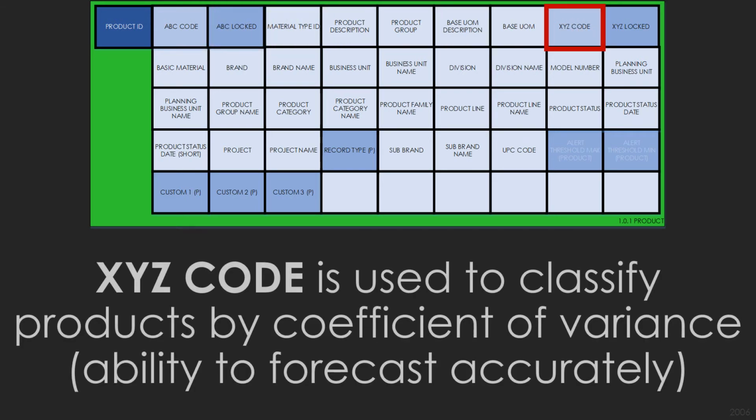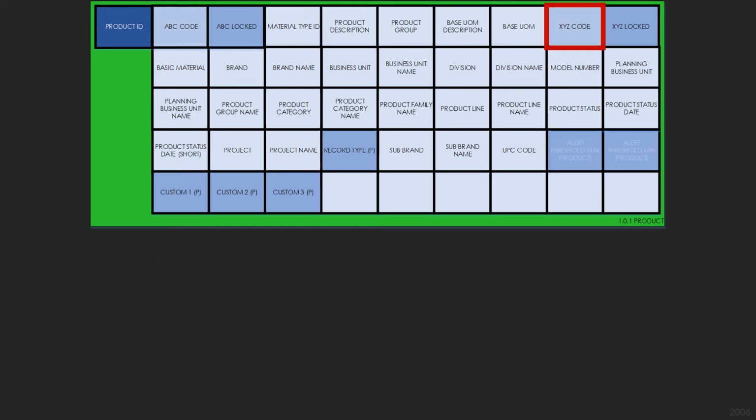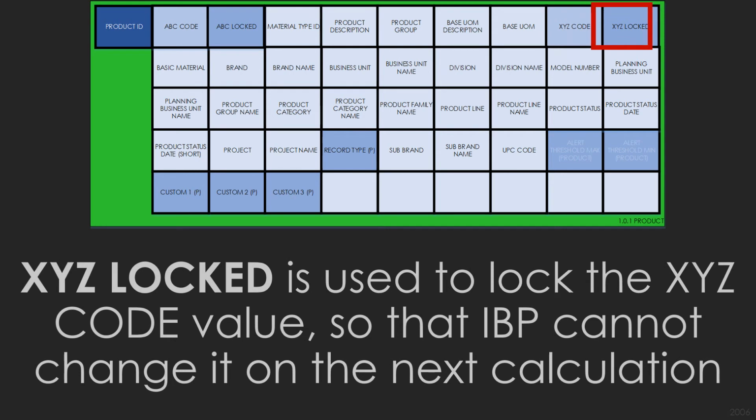XYZ code is used to classify products by coefficient of variance, ability to forecast accurately. XYZ locked is used to lock the XYZ code value so that IBP cannot change it on the next calculation.